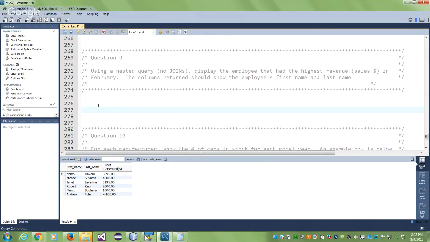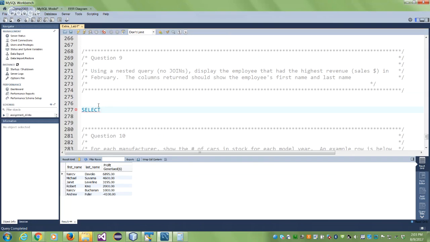The columns returned should show the employee's first name and last name. Let's try to do a select. The highest revenue, so grouping by also, and okay, give me a minute. Had the highest sales. Remember, sales can be more than 1 by an employee too.